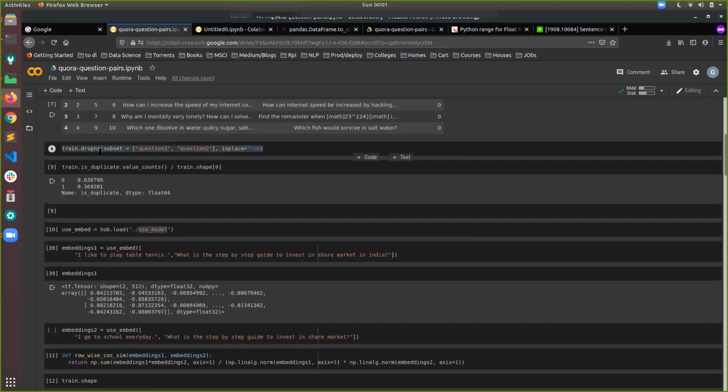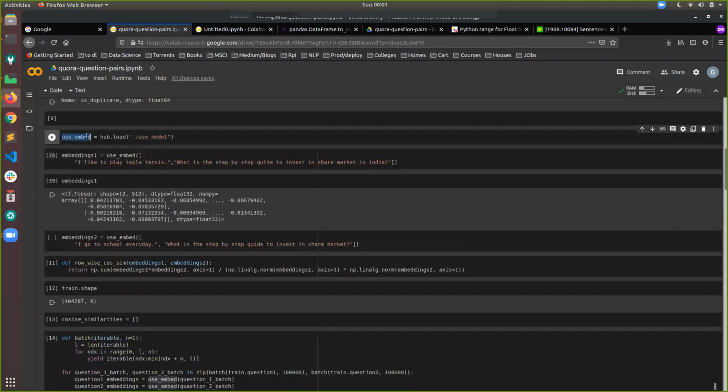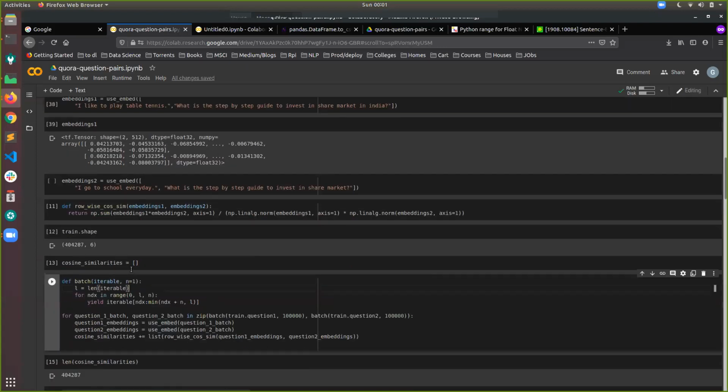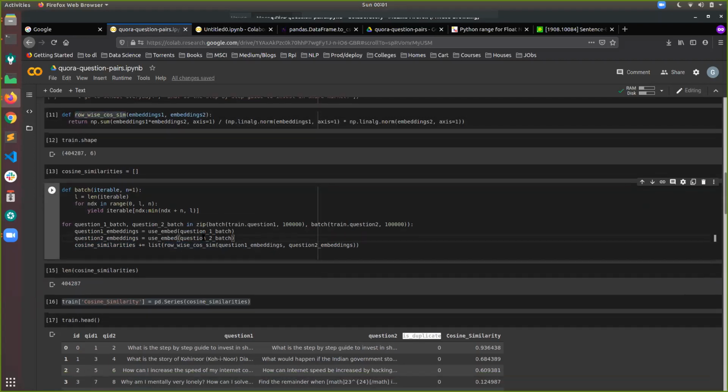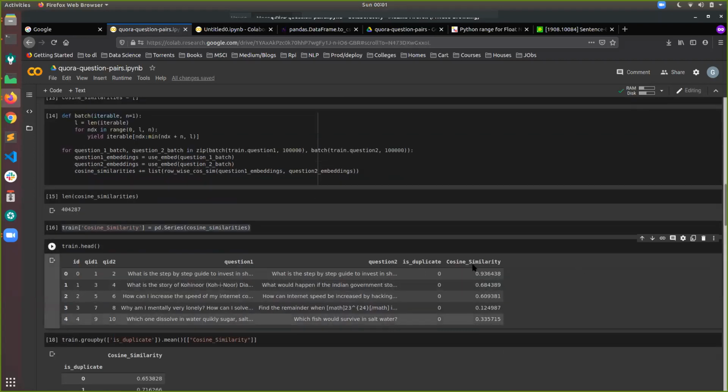The use embed thing is the universal sentence encoder function. I take my question 1 embeddings, question 2 embeddings, and store all the cosine similarities in a list by taking the row wise cosine similarity, this function which I wrote here. And now this is what it looks like. I added that extra column.